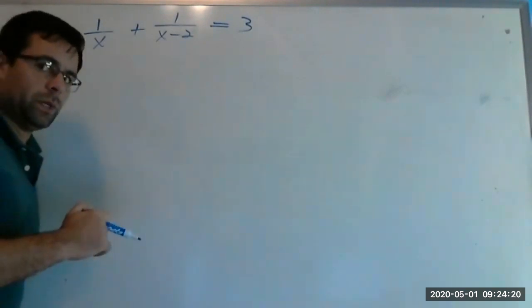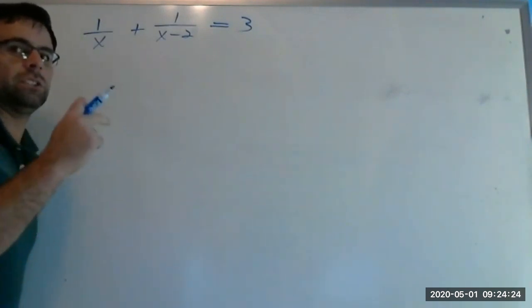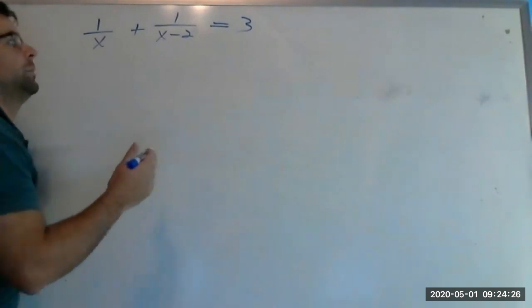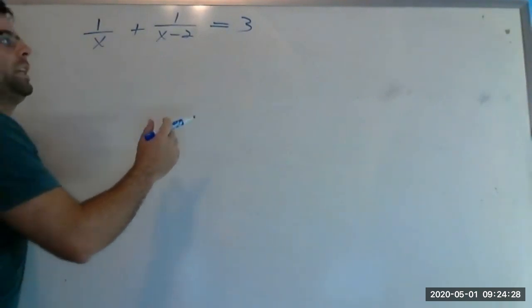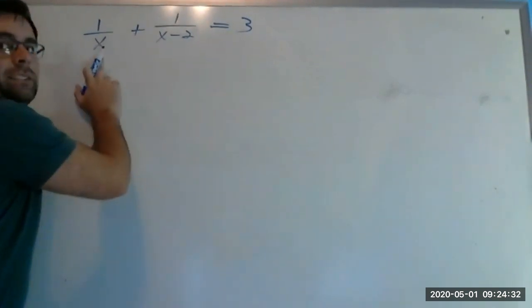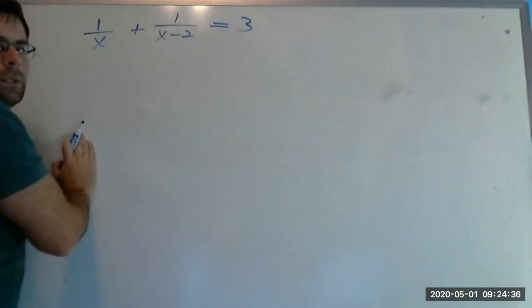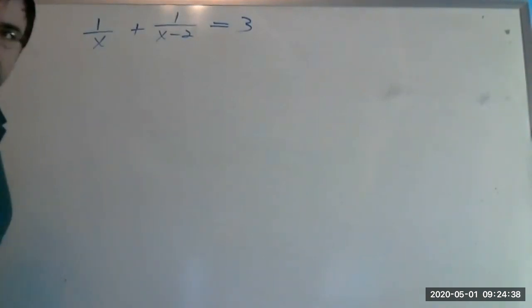One thing you could do is multiply everything by each denominator, okay? So what is this fraction's denominator? It seems like a trick question, but it's not.